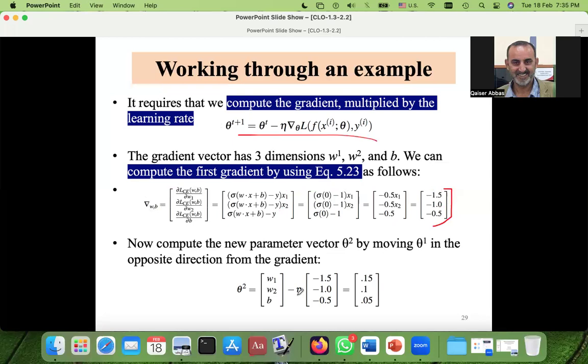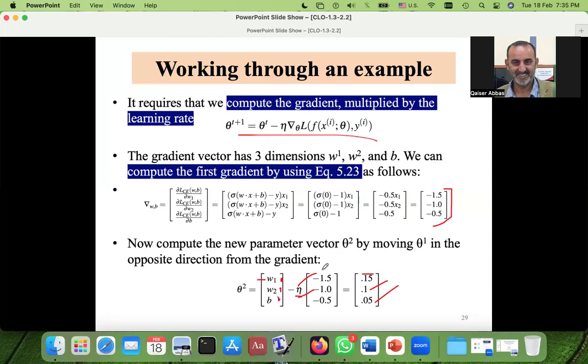And what is the value of eta? 0.1. So multiply all these values, 0.1 with this minus positive, and then finally it will be 0.15. And 0.1 multiplied with this one, minus positive, and then you will have this one. And also minus positive, then you will have this one. If these weights are 0, we are also considering it 0.